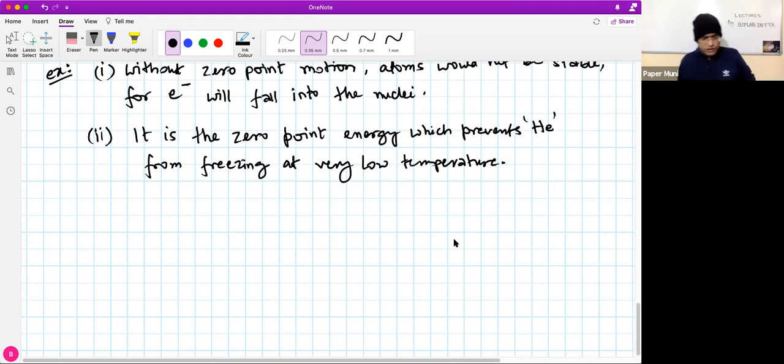The question which we have here is an oscillator problem. Let's write down the question. This is not related to ZPE. You can take it as a revision problem.